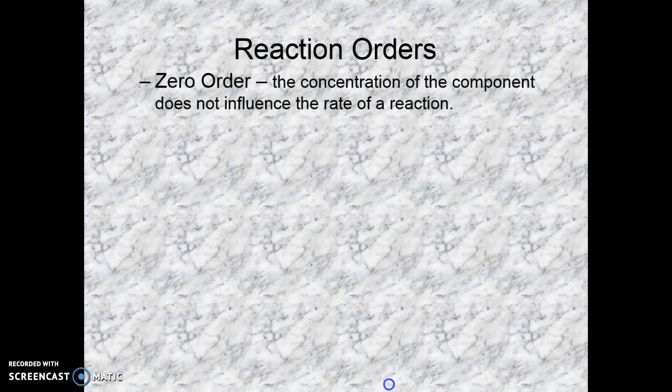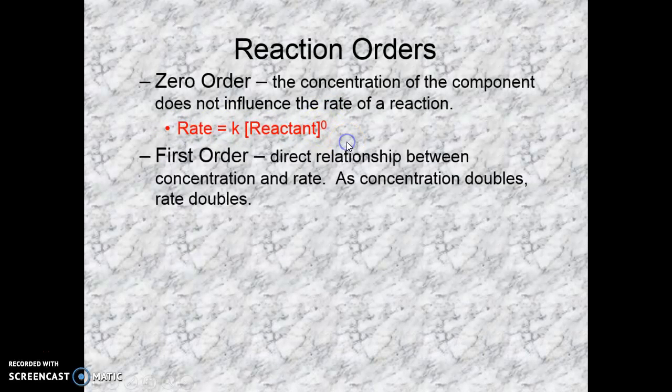That's a zero order. To show that, you simply say the rate is equal to the constant times the reactant to the zero order. Anything raised to the zero is going to fall out of the rate equation because it winds up being a value of 1.